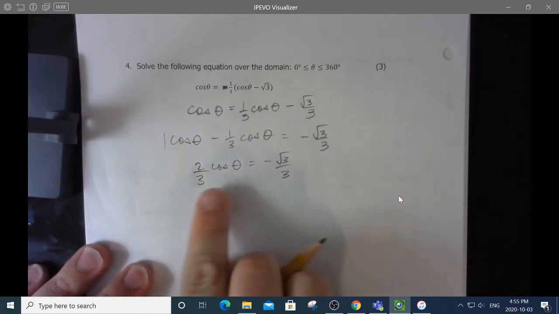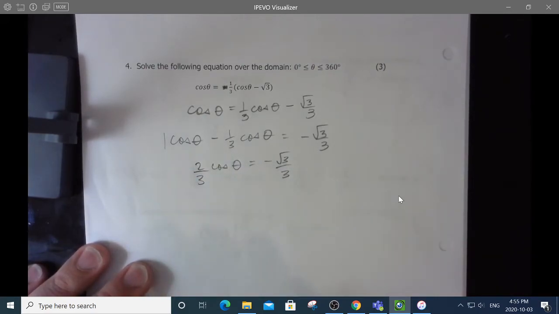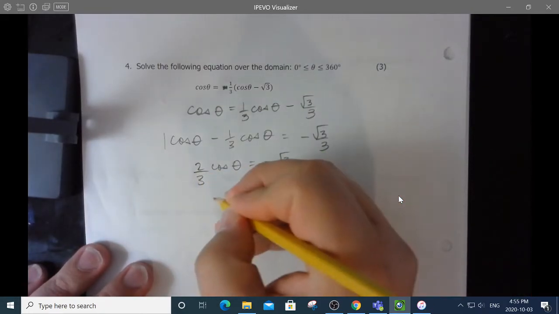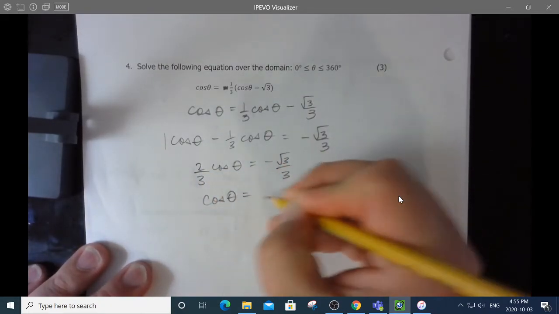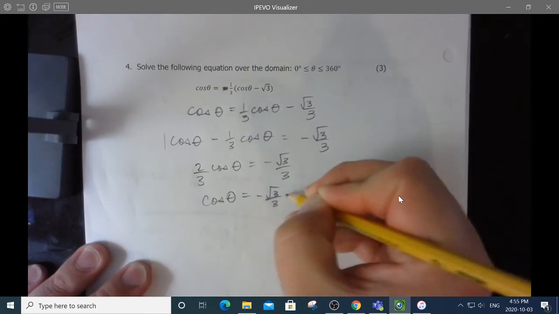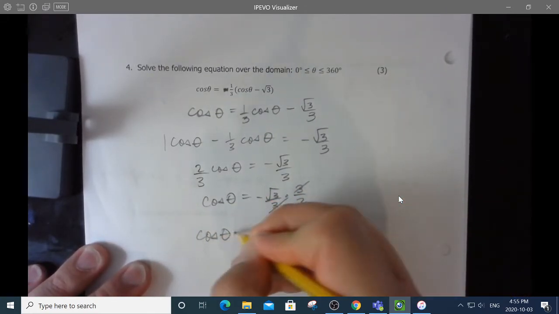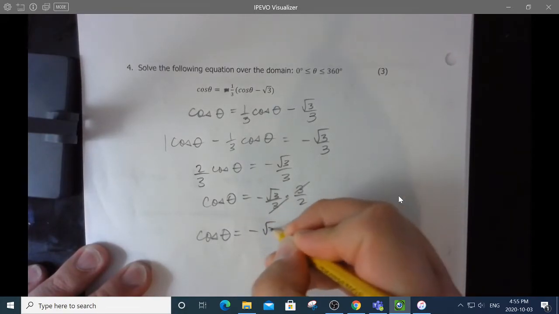And then to isolate cos theta, I'd divide both sides of the equation by 2/3, but to divide by a fraction, you of course multiply by the reciprocal. So I'm looking at cosine of theta is equal to -√3/2.